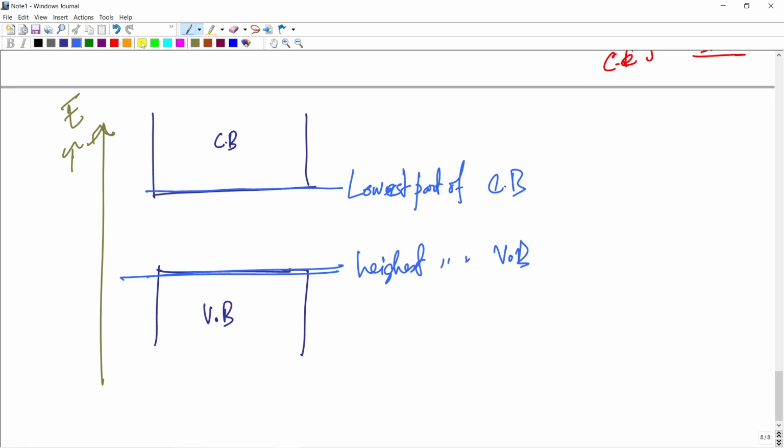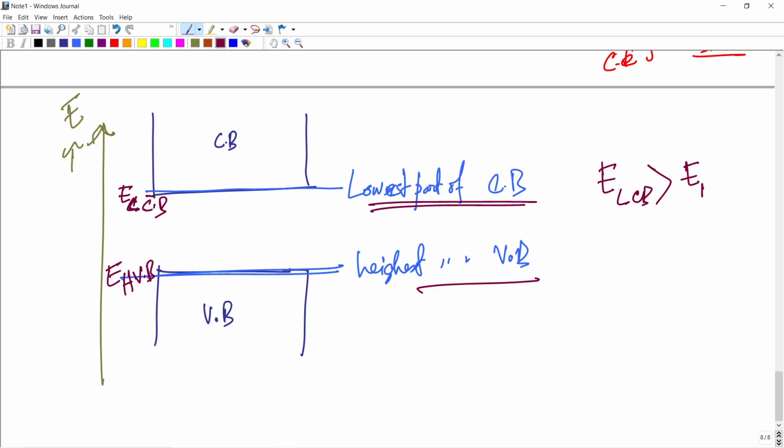You see that the energy of the lowest part of CB is greater than the energy of the highest part of VB. So there is an energy gap here. This is the energy gap.